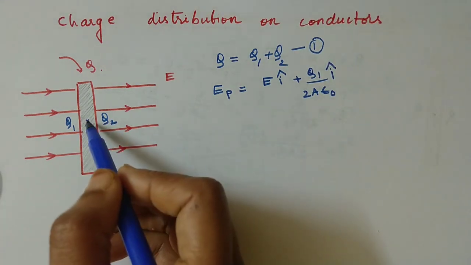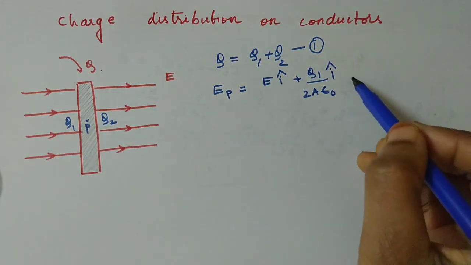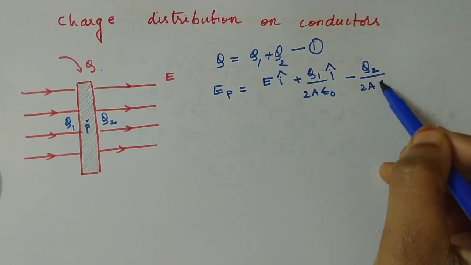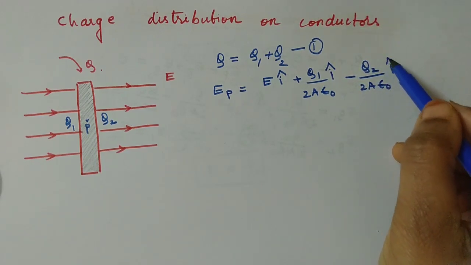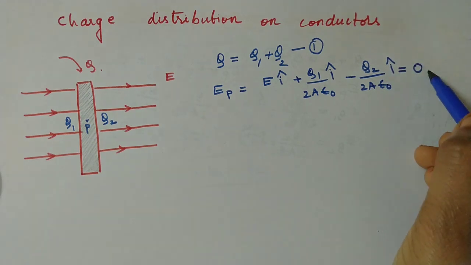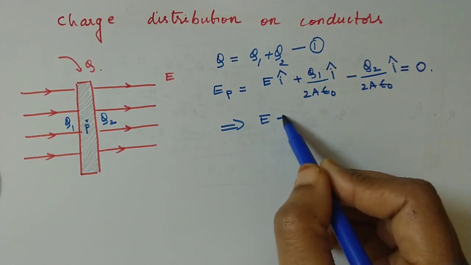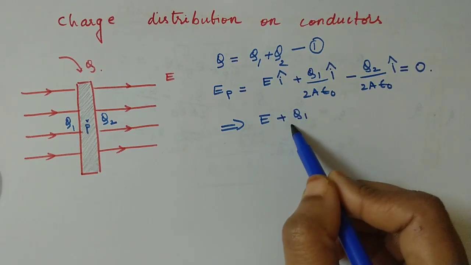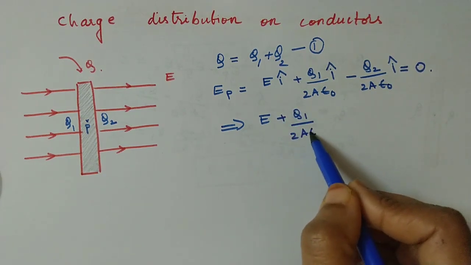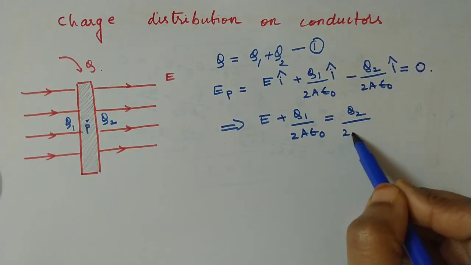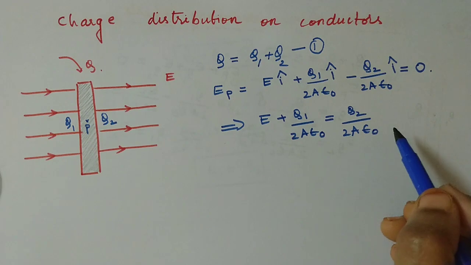But due to Q2, the field will be in the opposite direction, so minus Q2 by 2A epsilon naught i cap. This should become 0. This implies E plus Q1 by 2A epsilon naught should be Q2 by 2A epsilon naught.